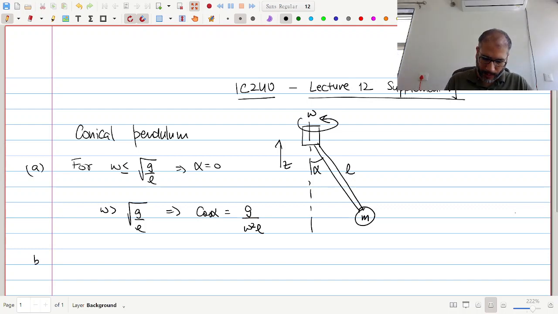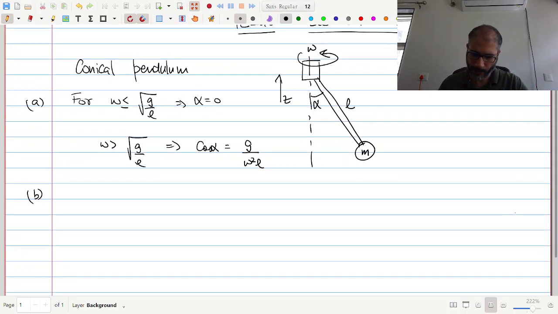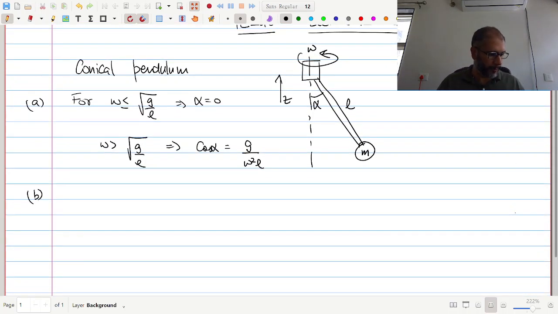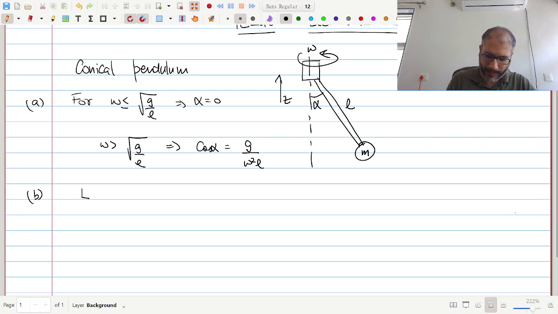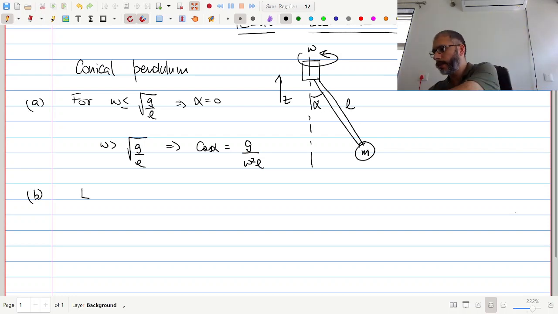So the next part of this problem is to find the angular momentum L about two different points. So we have 2 points.